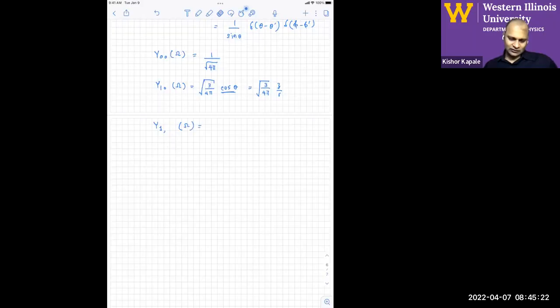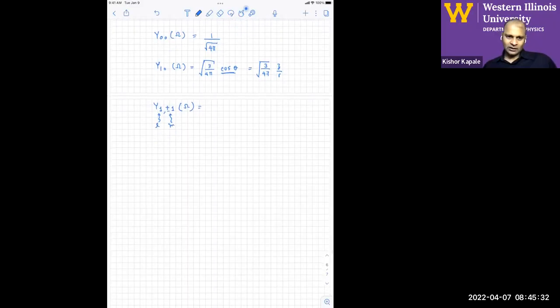Y L is fine, L is 1. I want to write both of them together, so it's going to be plus or minus 1. So that's M, that's L. And then it turns out the signs get reversed. The real part of both the expressions is going to be exactly the same, and that is equal to sine theta, and you have e to the plus minus i phi.